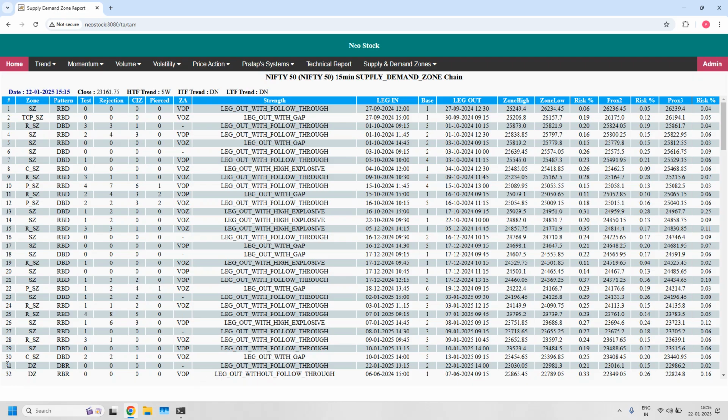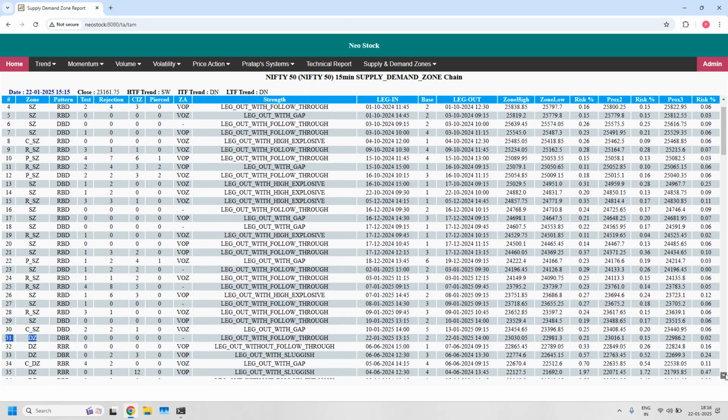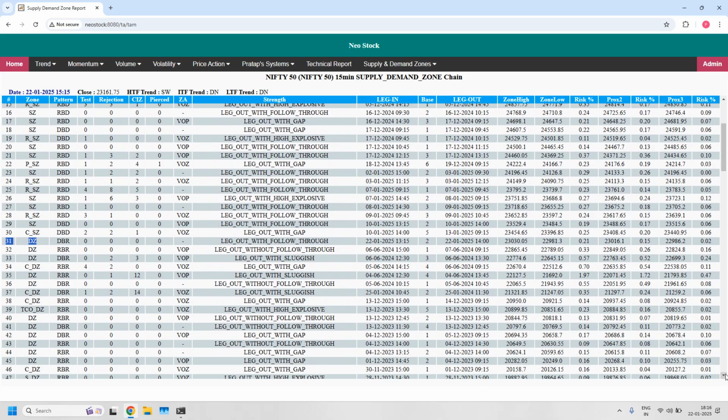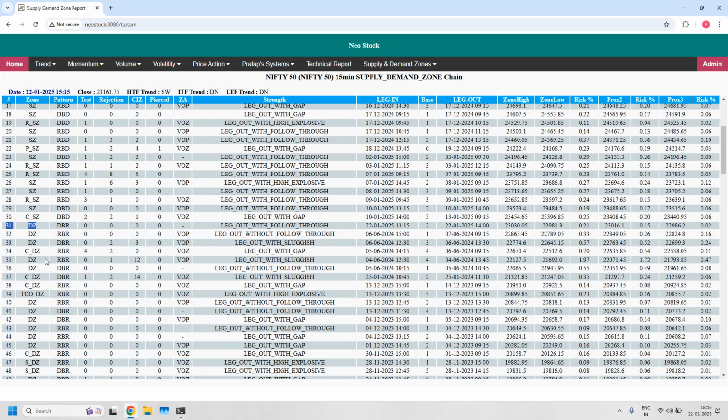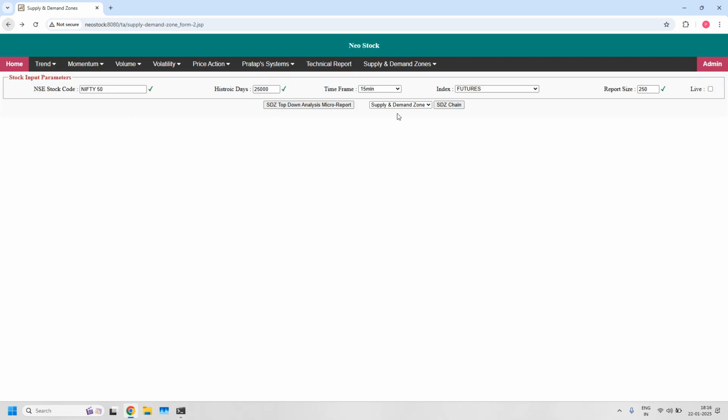So at 31 we have the demand zone. So to view more demand zones, I am scrolling the list down. This is the nearest demand zone to the current closing price, and also this is the nearest supply zone. Okay, next 5 minutes supply demand zone chain for Nifty.